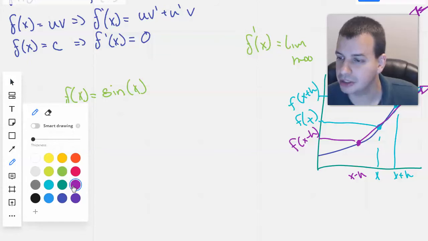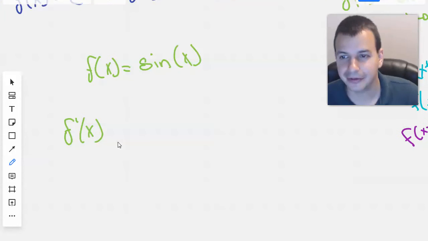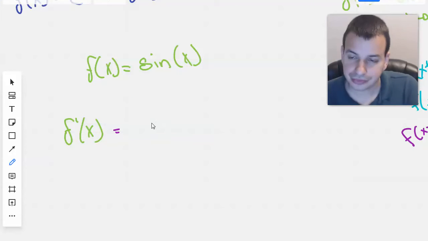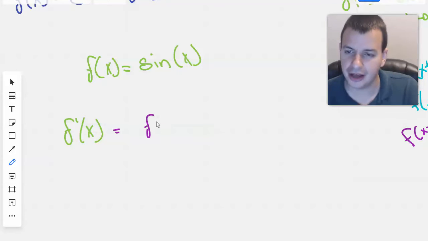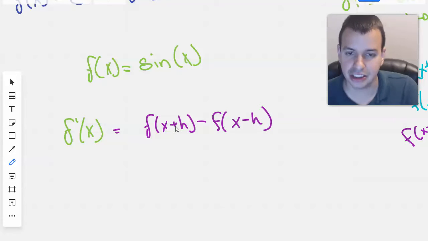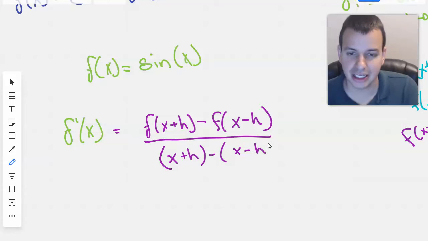Make sure I still have purple, because I like purple. Equals, let's see here. I'll do f of x plus h minus f of x minus h all over x plus h minus x minus h. There we go.